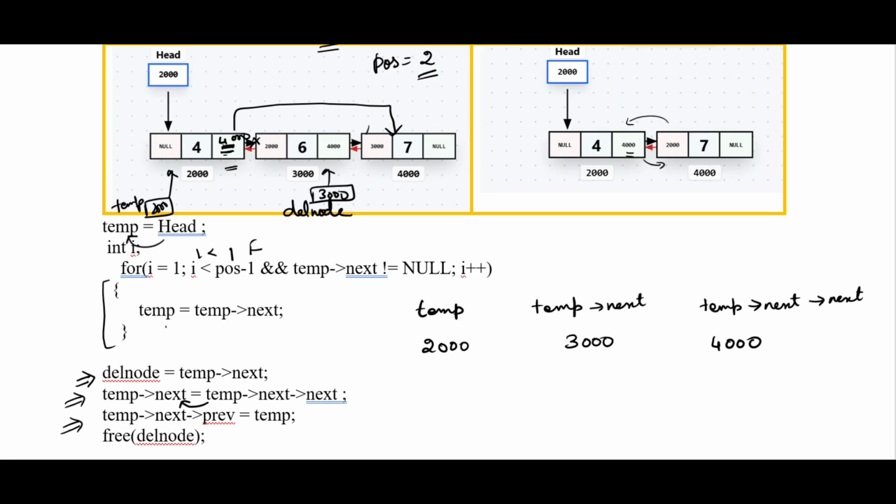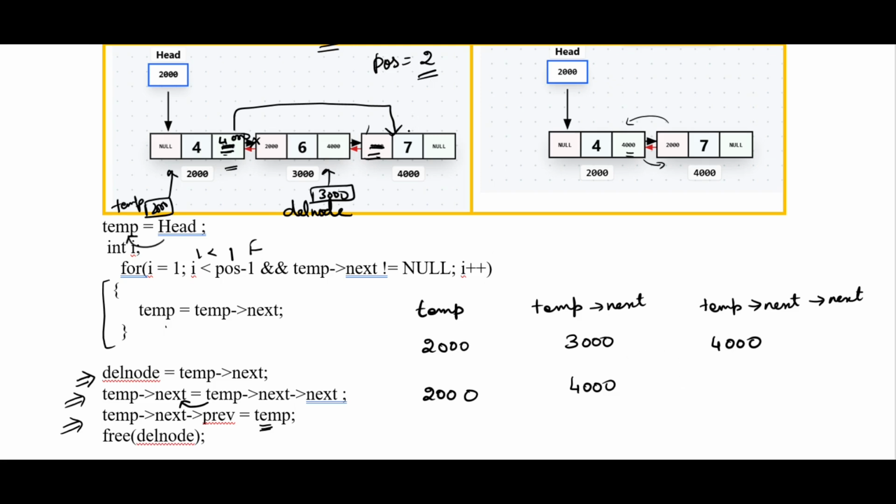Second, temp of next of previous equal to temp. This is temp, and its next is currently 4000. Temp is 2000. After this modification, temp of next is 4000. Its previous, in this place, what do I have to assign? The temp value.